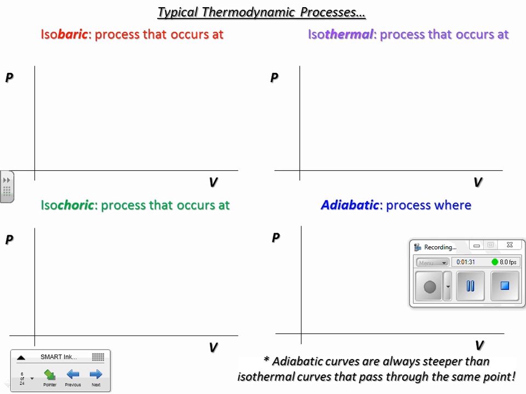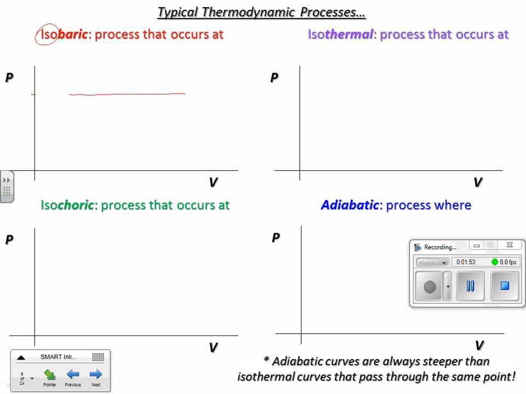Okay, so there's one we'll call an isobaric process. Well, iso, right? These all mean constant. Iso means the same, right? Like an isobar. We drew isobars in our static fluids little investigation, and those were lines where pressure was constant. So if we want to draw a constant pressure thing, it's going to be like this.